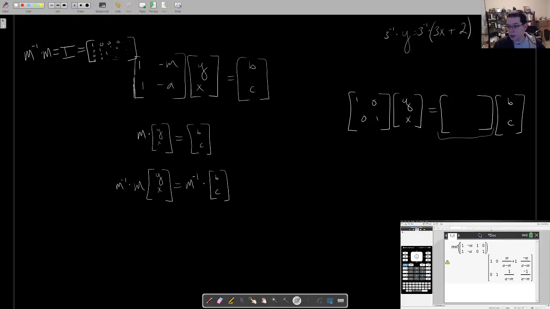Now, in the calculator window down there, you can see what the inverse matrix ends up being. I can show you and prove it.